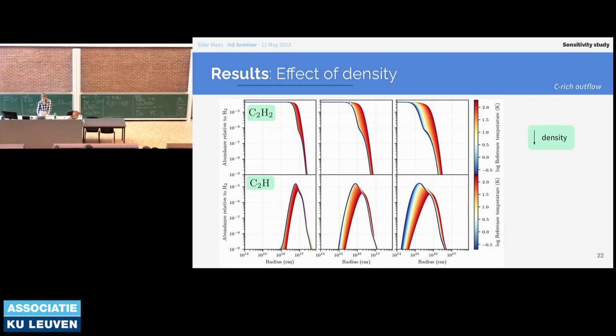I think the thing is, these are also logarithmic scales. As soon as the parent species drops a little amount, it's already a lot for the daughter species to be created. When it starts to be created, it's like 10 to the minus 9 compared to 10 to the minus 4. So that's why it's probably at the same location. It's a logarithmic scale, which is a bit misleading sometimes. Okay, thank you.